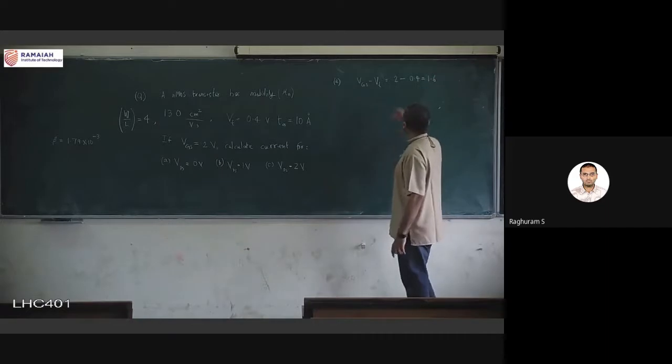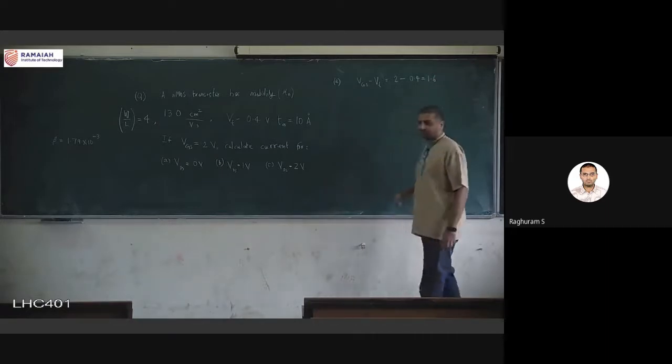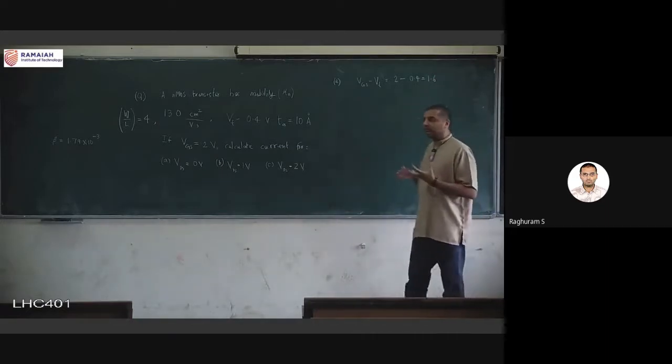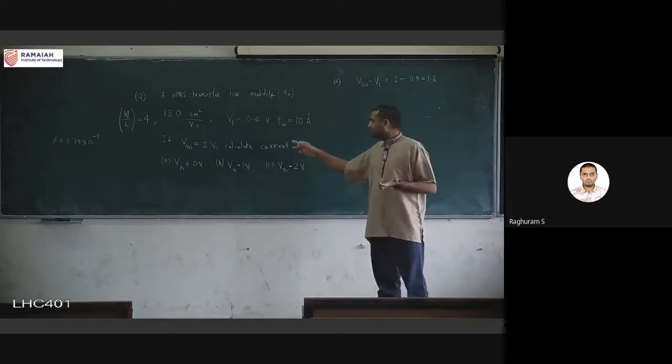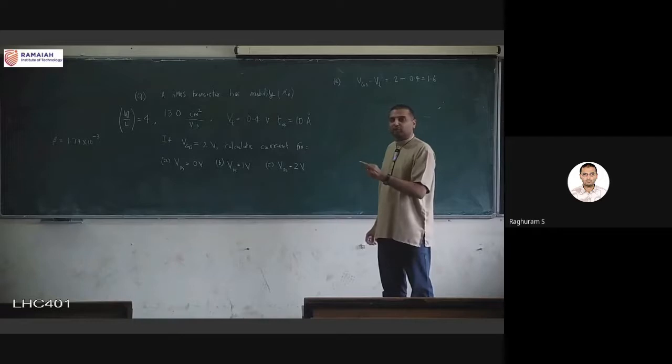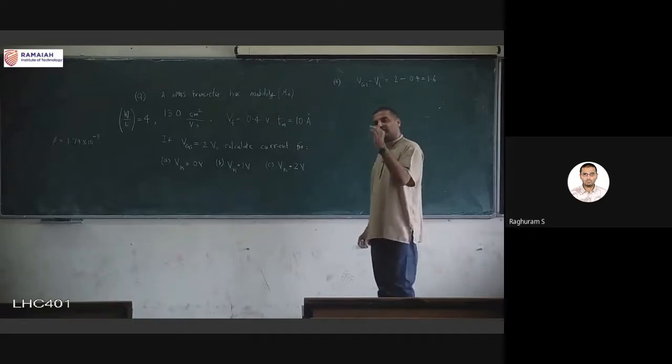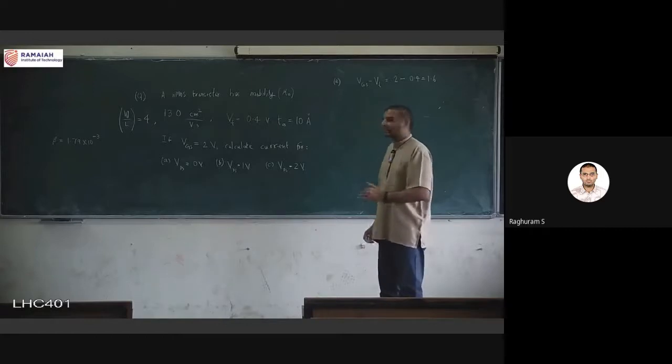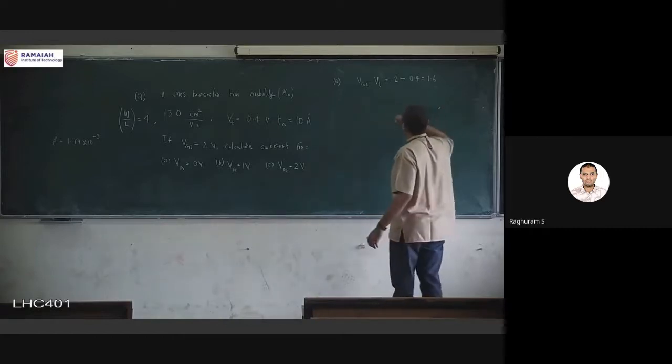So VGS minus VT I am getting as 1.6. Of course, I have already determined that the transistor is on because VGS is 2 volts, right? 2 volts is greater than 0.4 volts, so definitely the transistor is on. I don't have to check that. Once the transistor is on, it can be in linear or saturation.